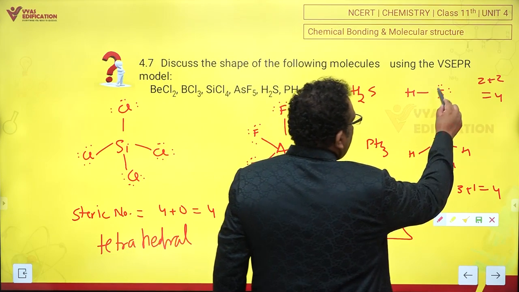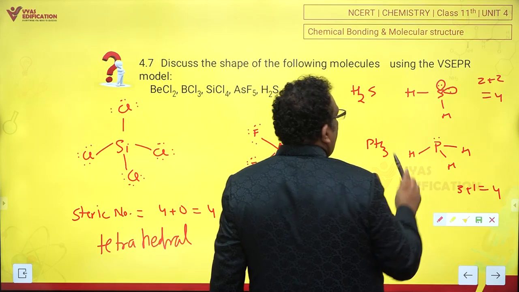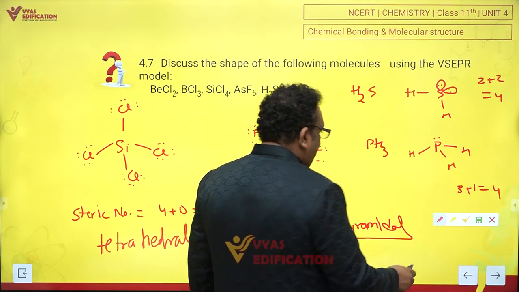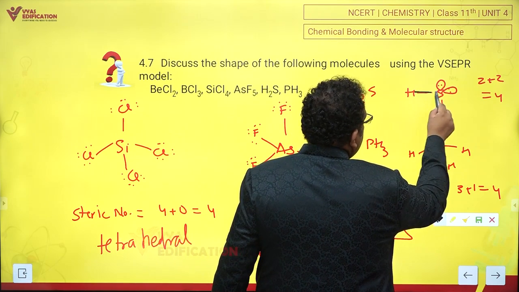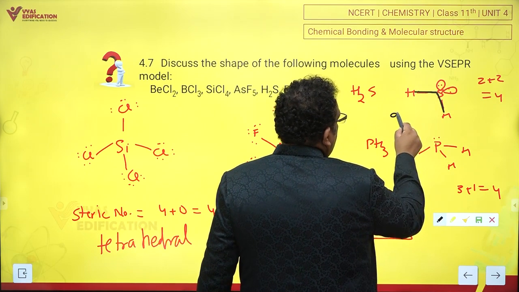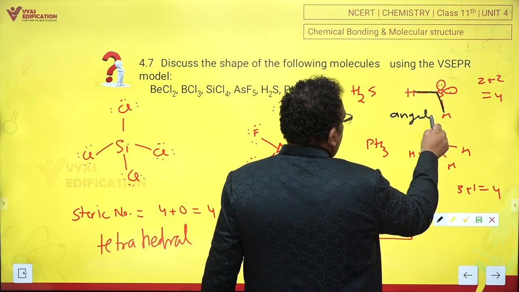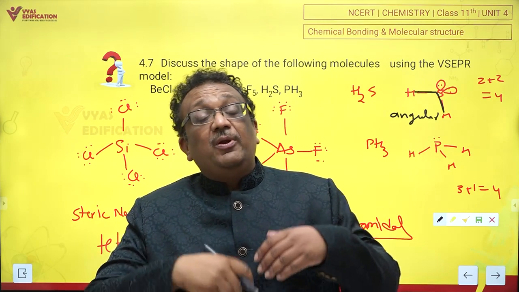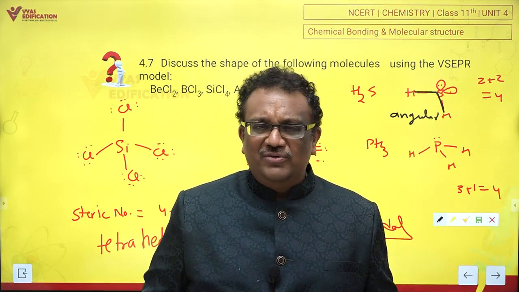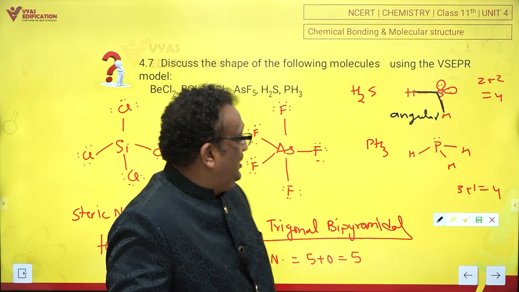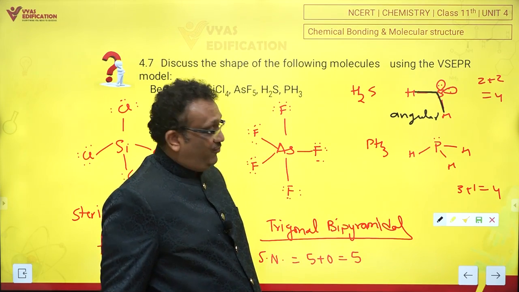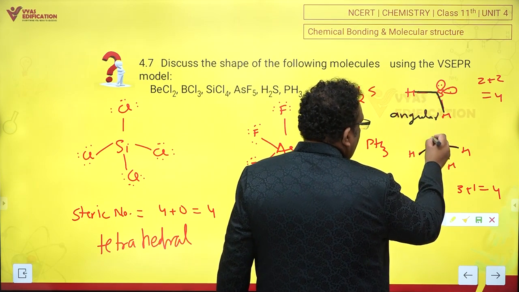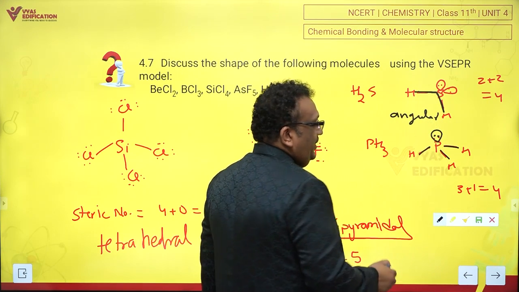And you find that lone pairs also occupy certain space, and they repel and push around, and because of all that push, the structure becomes angular. Sometimes people call it angular, sometimes people call it V-shaped. You can call it whatever you like, both are good words. What about phosphine? Phosphine also is very interesting. You have 3 bonded pairs and 1 lone pair.